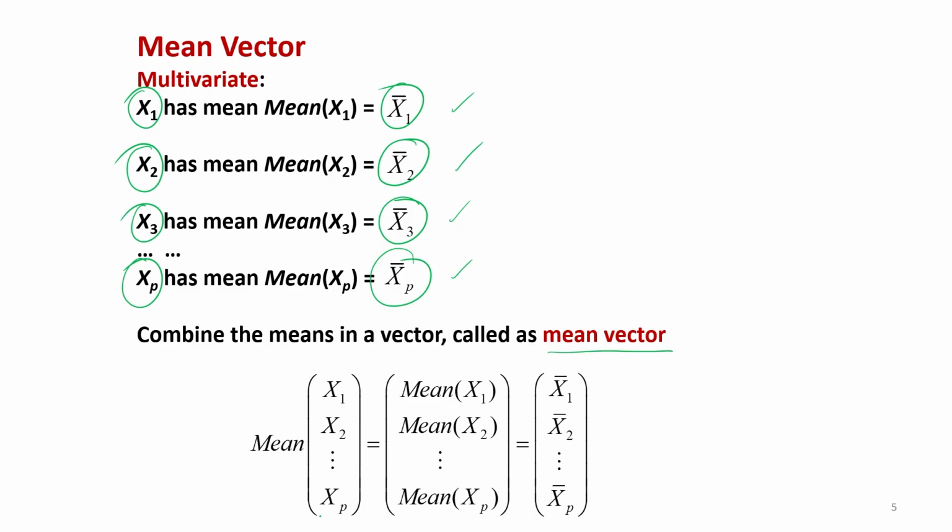So, the mean of x1, x2, ..., xp, which is a p cross 1 vector, will become the mean of x1, mean of x2, ..., mean of xp, and this can be written as x bar 1, x bar 2, ..., x bar p. So, this mean vector is also of order p cross 1, right.